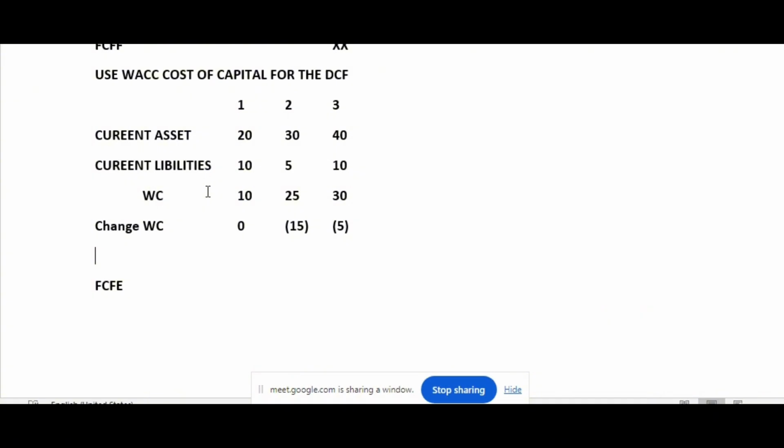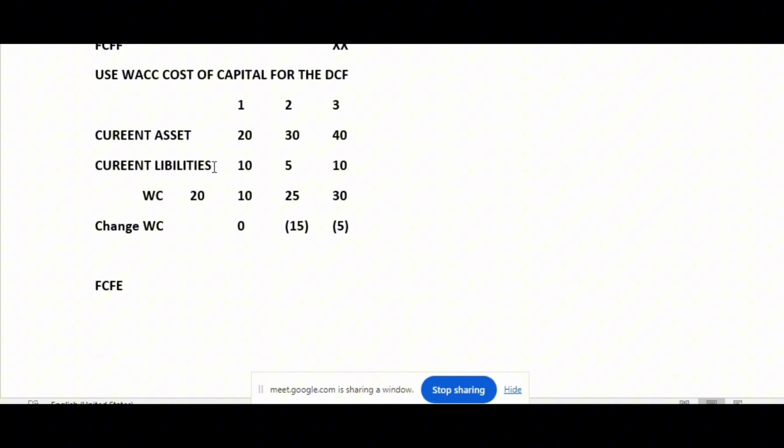Now, let me give you a practical illustration so that you do not confuse yourself. You are in 2024. The figure for 2024 is, let's say, 20. And you are estimating free cash flow for 2025, 2026, and 2027. Because you need to include the current assets for 2024, class.